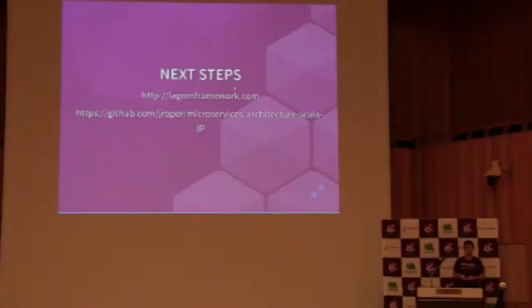So the roadmap for Lagom. We are going to be implementing Swagger support in the next major release as one of the features. At the moment, the easiest way to integrate Lagom services is to have a binary dependency between them. And in some cases that's fine, in other cases you don't want binary dependencies between your services.